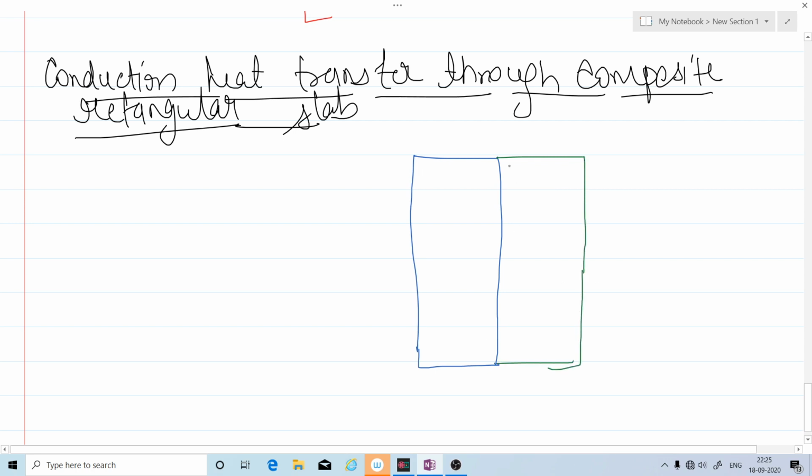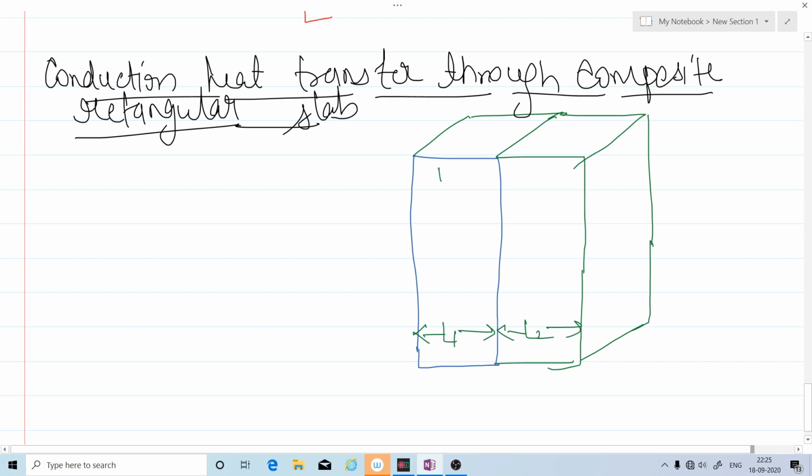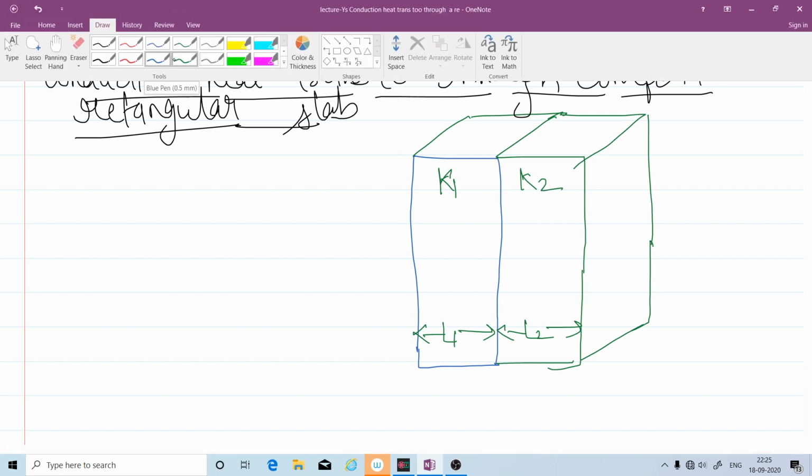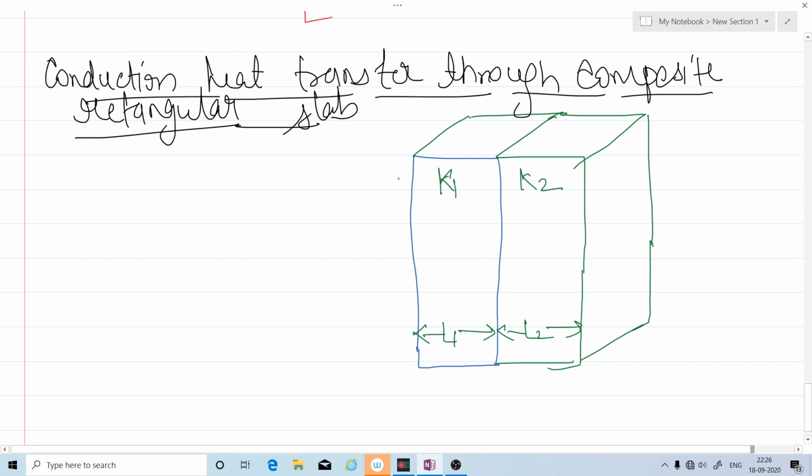These are two slabs, and for increasing the complexity, let's say the thickness of the left slab is L1, the thickness of the other slab is L2, the thermal conductivity of slab 1 is K1, and the thermal conductivity of slab 2 is K2. One thing will be common here, that is the area will be the same.